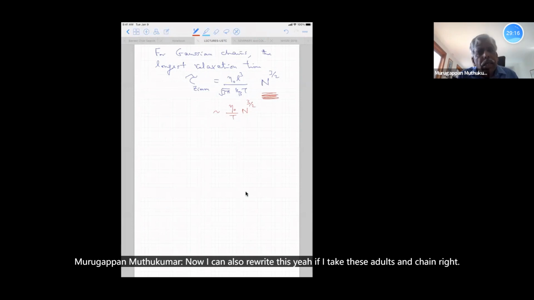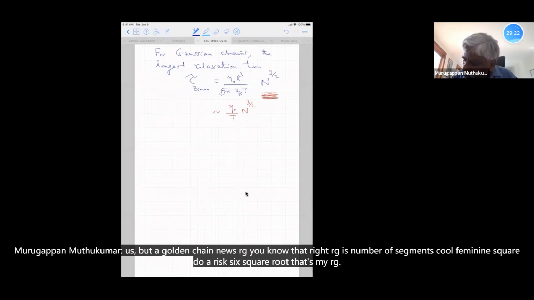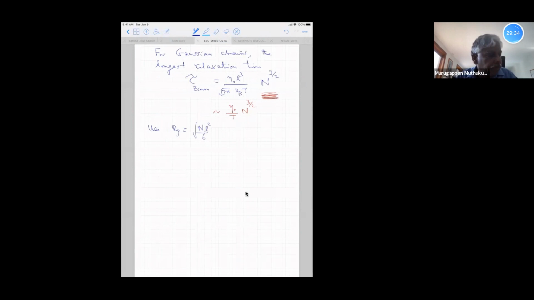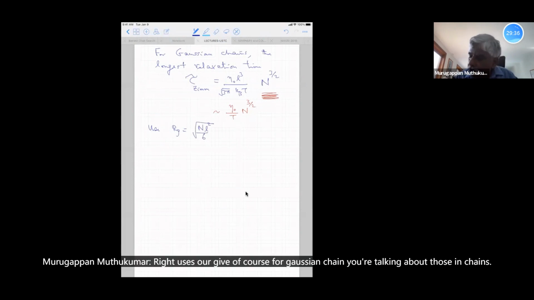Now, I can also rewrite this. This is a Gaussian chain, right? For a Gaussian chain, use Rg, you know that, right? Rg is the square root of number of Kuhn segments times the segment length square divided by 6. That's my Rg, of course for a Gaussian chain. We're talking about Gaussian chains.